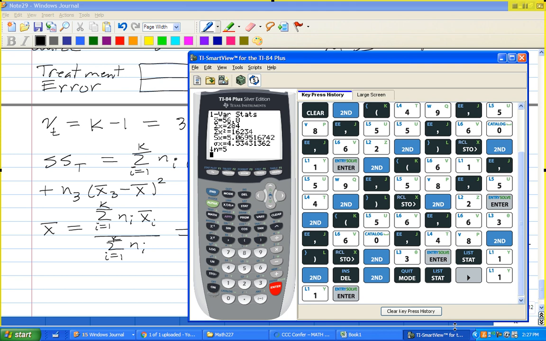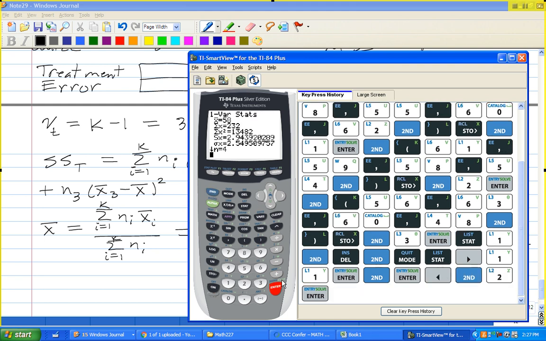Let's do it for L2. For L2, the mean is 58, and there are only 4 numbers there. So 4 and 58.